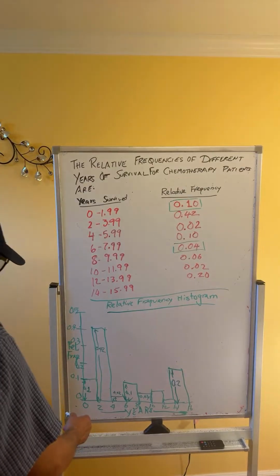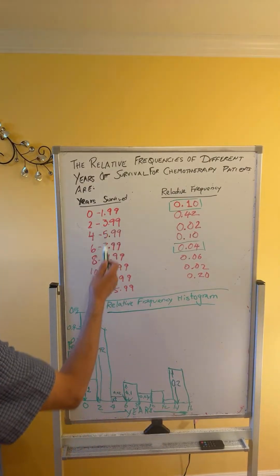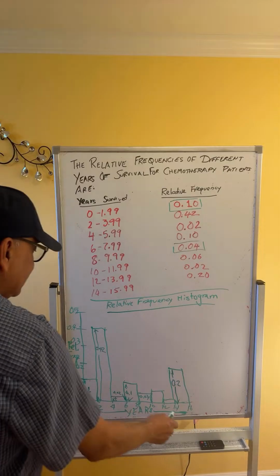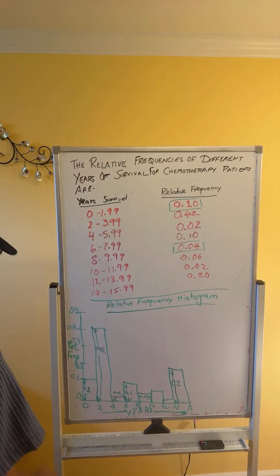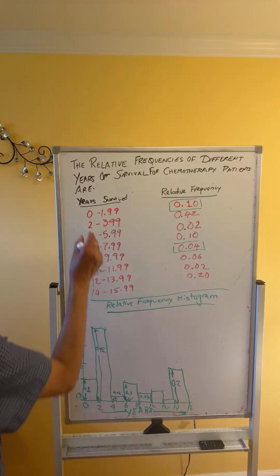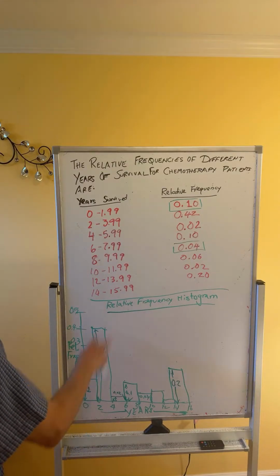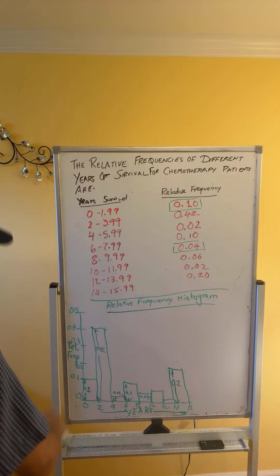So again, on the horizontal axis you have the different groups or classes, which are years of survival of chemotherapy patients. On the vertical axis you have the relative frequency or proportion of data in each class, such as the first class, between 0 and 2, where the proportion is 0.1.